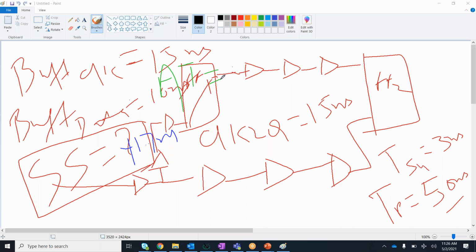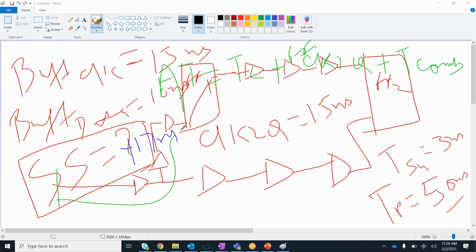What is arrival time? T launch plus clock to Q delay of flip flop 1 plus T combo. This will be my arrival time. T launch has 3 clock buffers, and each buffer will give a delay of 15 nanoseconds, so 3 buffers will give 45 nanoseconds.